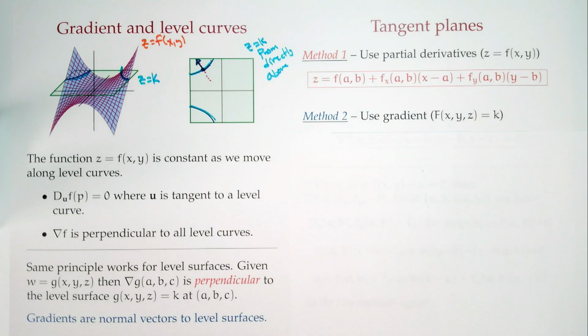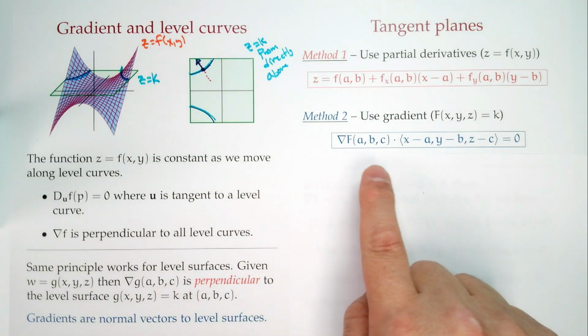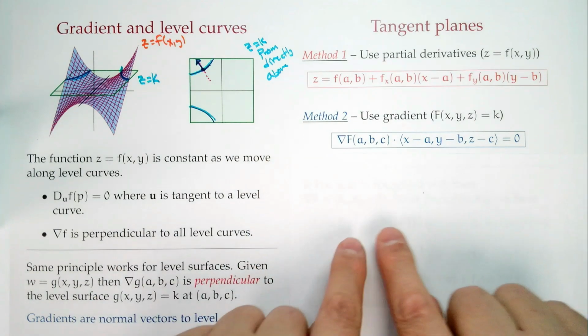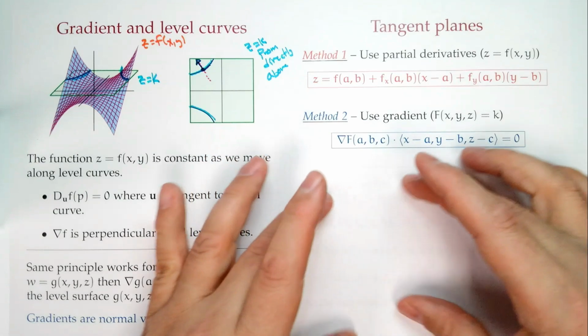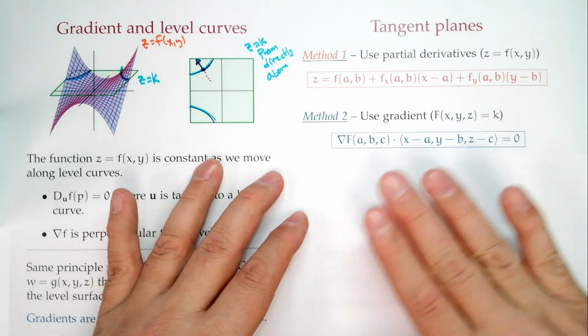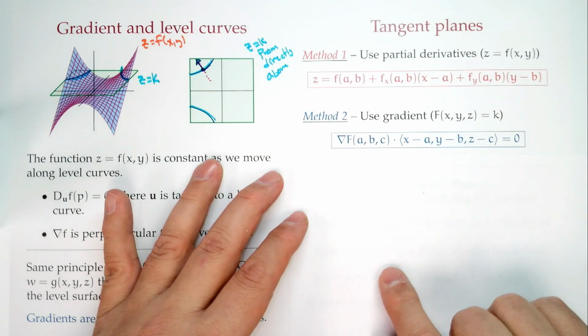So for f of x, y, z equals k, we say, all right, the gradient vector at the point a, b, c is going to be perpendicular to the surface. And to be perpendicular to the surface means that when you zoom in, the surface looks flat, like a plane.